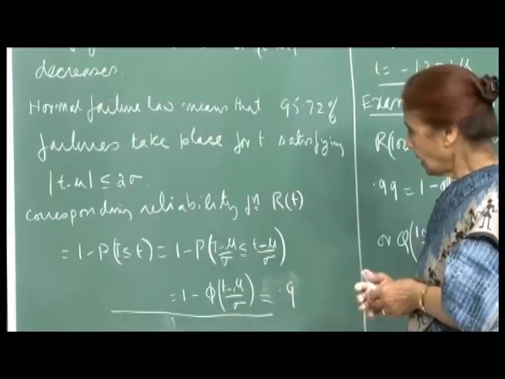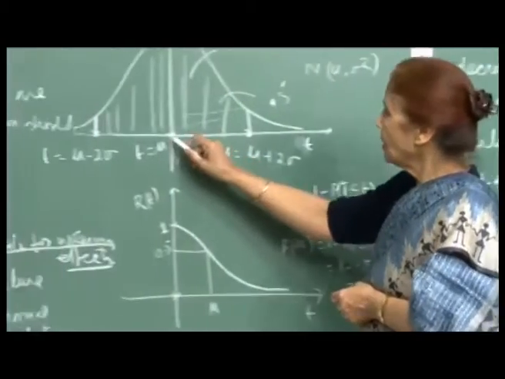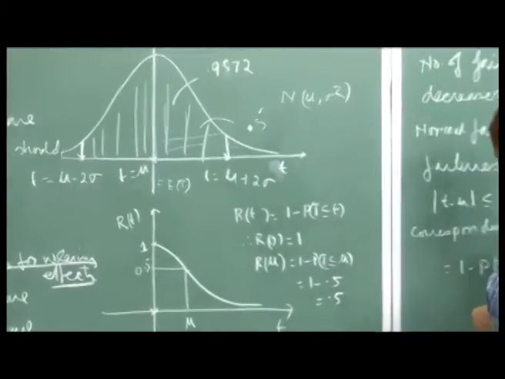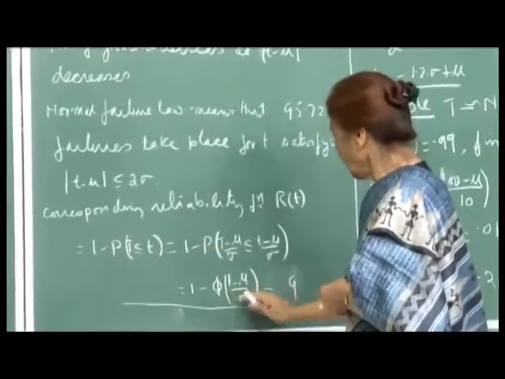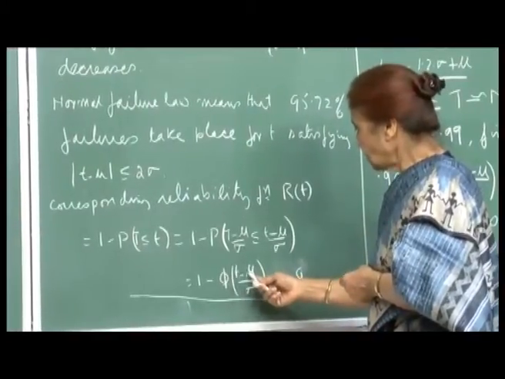This is the whole idea, right, because as we said, maximum failures will occur around t equal to mu, and as you get away from mu, the values become smaller.